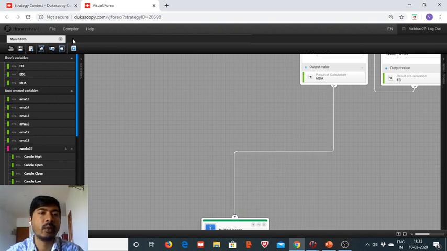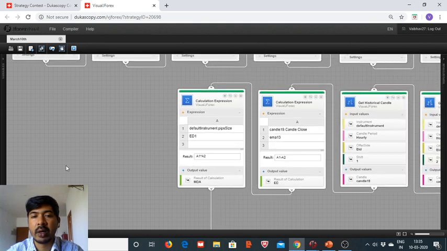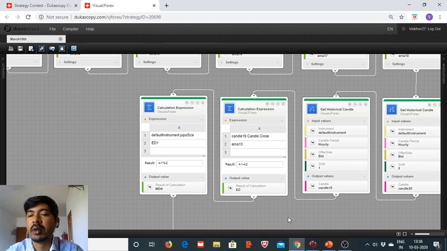So let me recap what we have done so far. Here we have defined 15 pips with the help of this newly created variable and the default instrument pip size, and we have multiplied it to create a condition of minimum difference, and that is 15 pips, and this is the last candle close difference from the EMA.